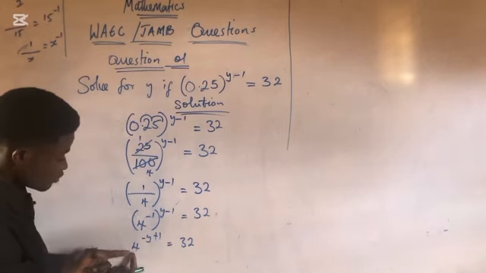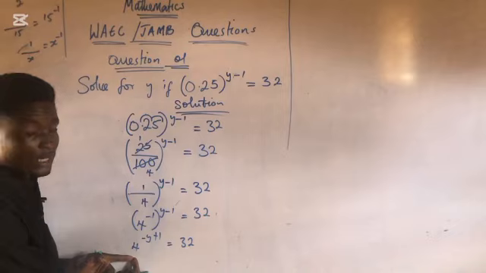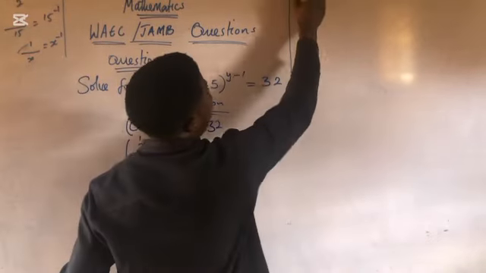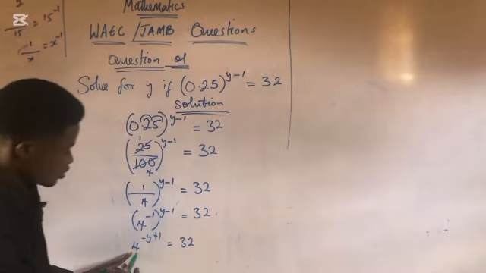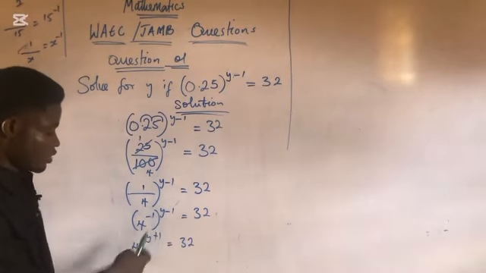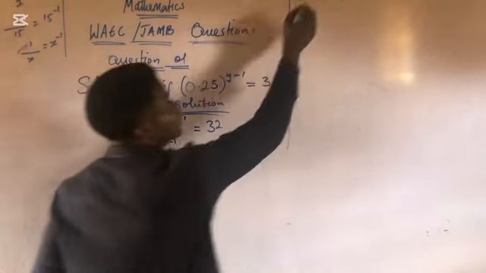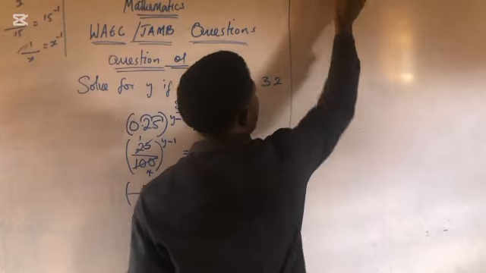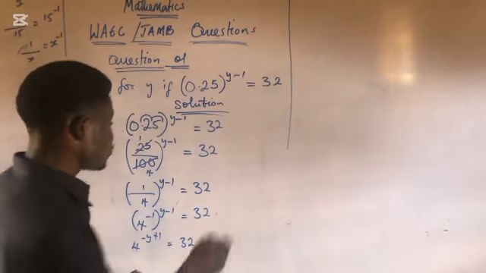So instead, I'm going to reduce this one, then also reduce this one. 4 is 2 times 2, so I'm having 2 squared, with the open bracket minus y plus 1 close the bracket. Since we reduce to base 2, make sure the other one, 32, is also base 2. 2 times 2 is 4, times 2 is 8, times 2 is 16, times 2 is 32.